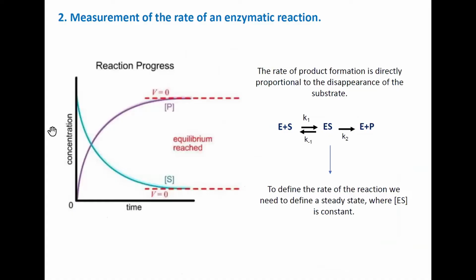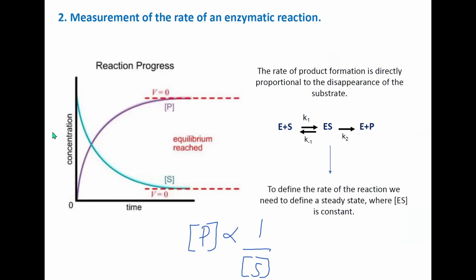As the reaction progresses, the concentration of the substrate will be decreasing, while the concentration of the product will be increasing. That is why we should understand that during the course of any chemical reaction, whether in chemistry or biology, as the concentration of the product increases, the concentration of the substrate will be decreasing.